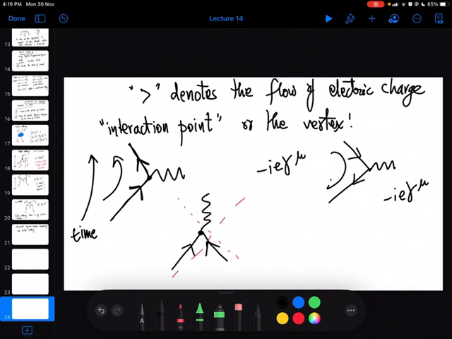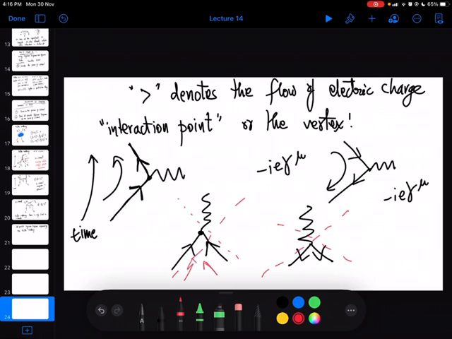So in the antiparticle case also, the electric charge will be in this opposite direction, but it will always be a continuous flow of line. So any vertex which is like this, these are not allowed, in which there is a conflict.